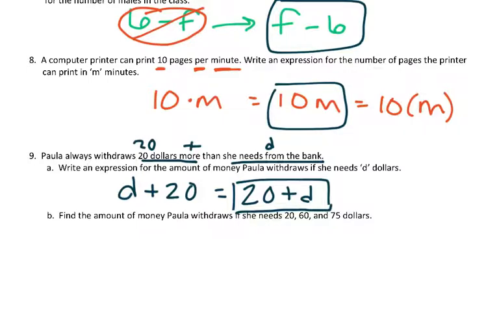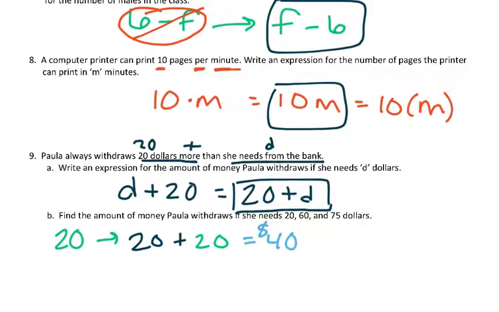So if she needs $20, she's going to withdraw 20 plus the D value, which is 20, and so she's going to end up with $40.